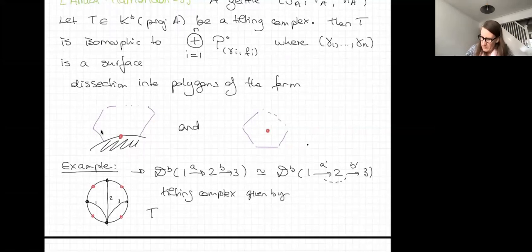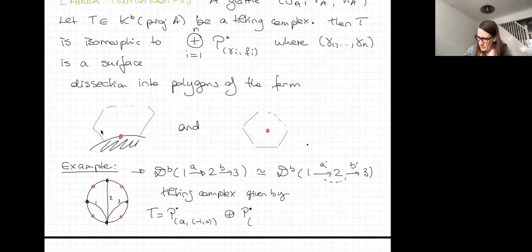So T is given by the homotopy string A, -1, 0. And you can amuse yourself to maybe write out what complex this corresponds to. And P, oh, this is a projective in 3. Well, okay, so maybe I should say P E3 -2.